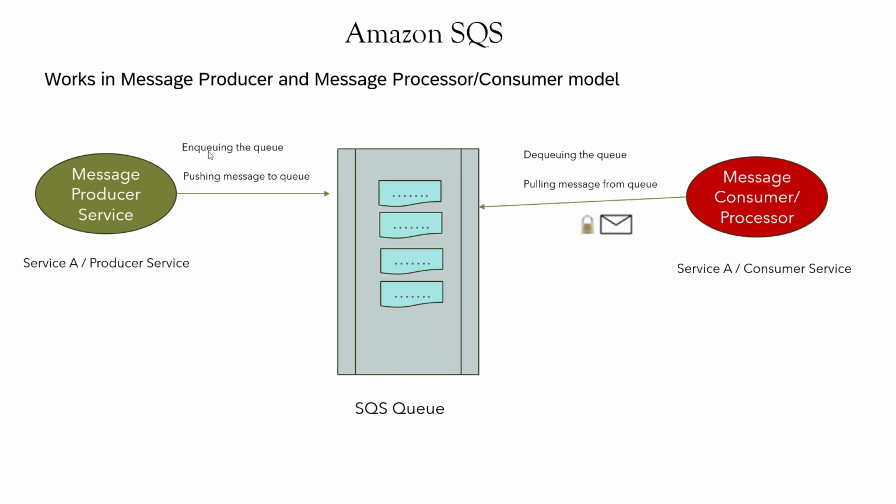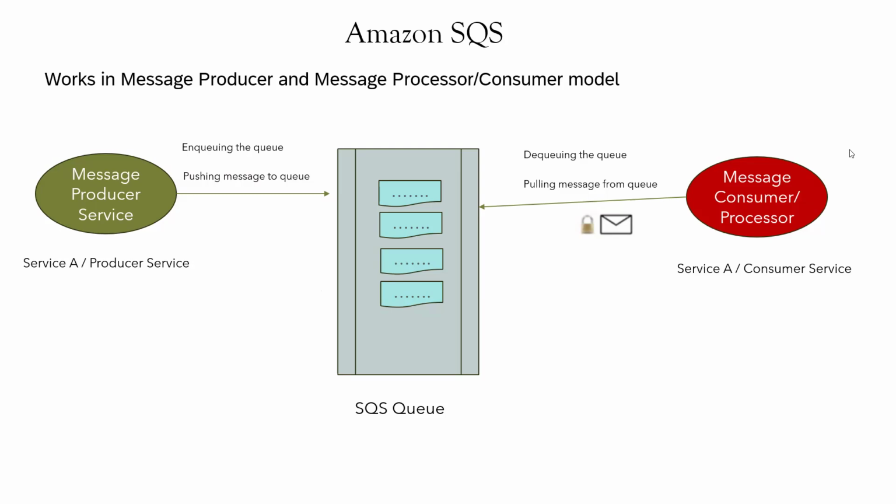That process is called enqueuing, pushing a message to the queue. This is the producer service, or you can consider it an order collection service. As we discussed previously, the order collection web API service is deployed on a separate EC2 machine, collecting the orders from the front end web portal and pushing the purchase JSON into the SQS queue itself.